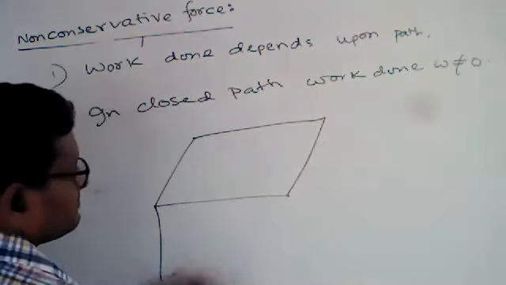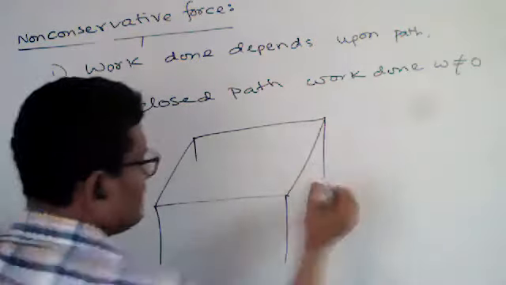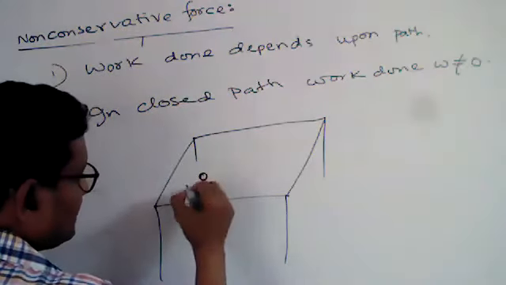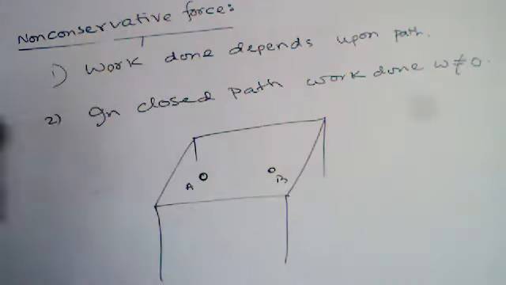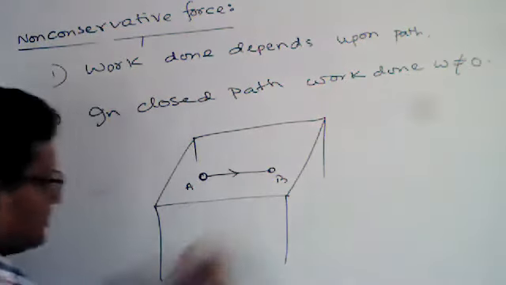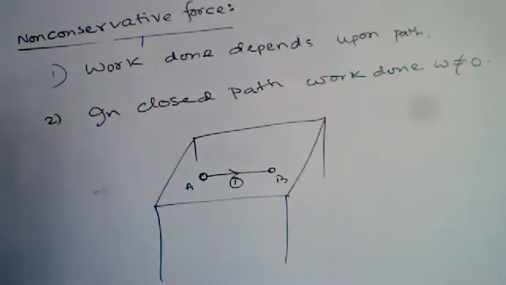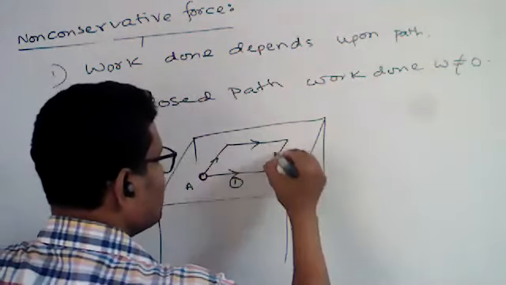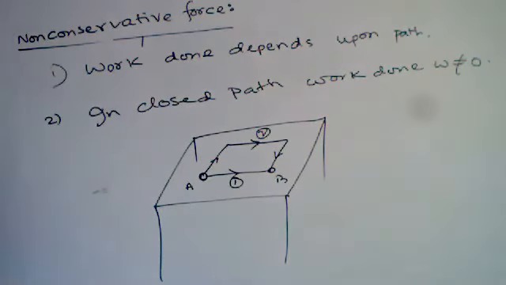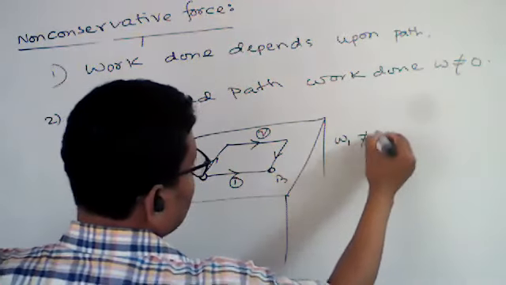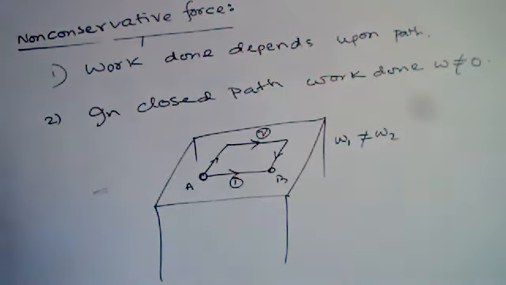Another example, suppose there is a table, and an object A here, another object B here. It can go from A to B in this direction. This is path number 1. It can go in this direction, this, and this. This is path number 2. In this case, you have to remember work done W1 is not equal to W2. Why?